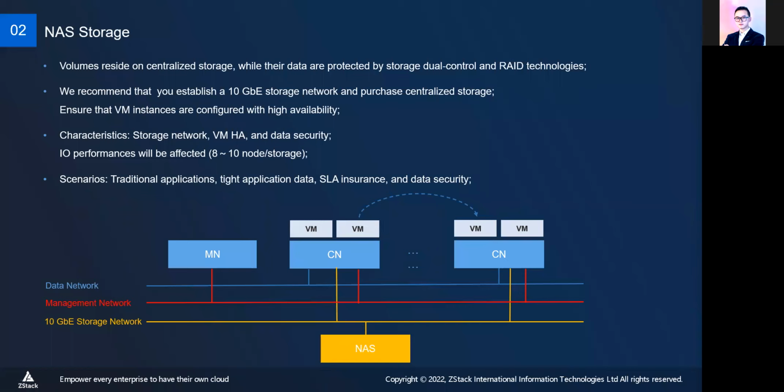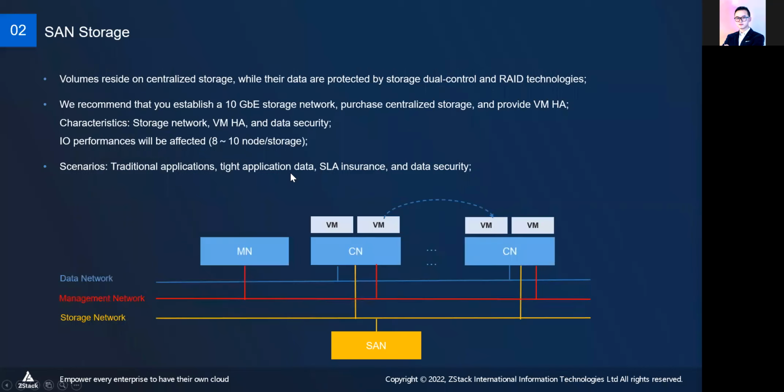But in this scenario, because we have shared storage, it supports VMHA, but there is a NIC bottleneck for the storage. One NAS can only mount to maybe 8 to 10 computer nodes. For the scenarios, it can be used for some traditional applications and tiered application data and so on.